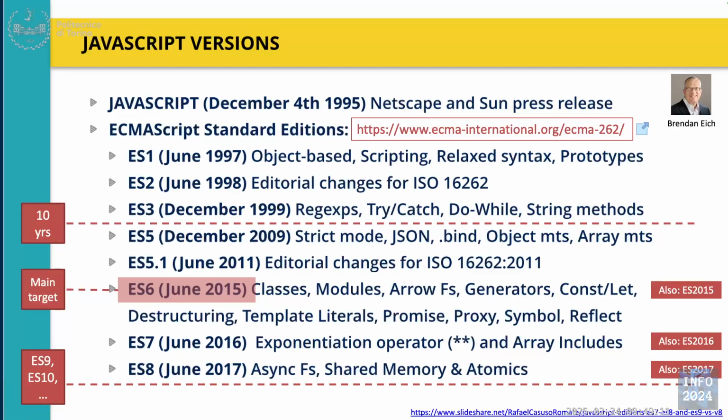So basically, ES5 was the old version of JavaScript, described and standardized, and ES6 is the modern version of JavaScript.